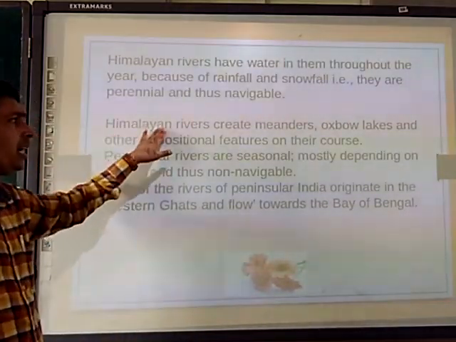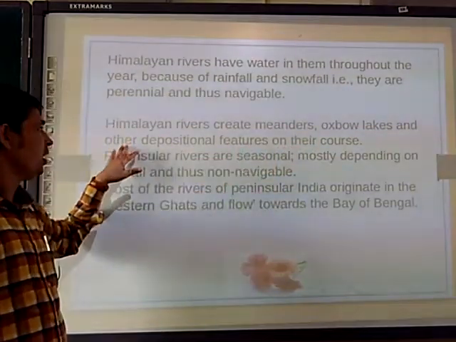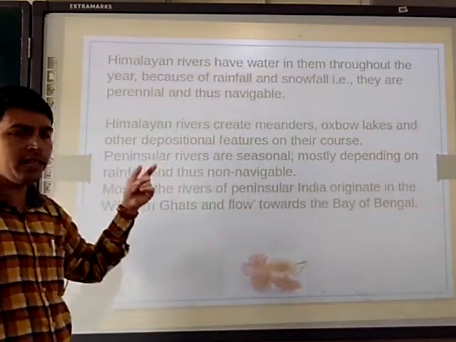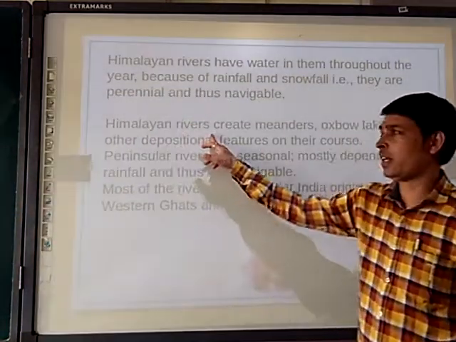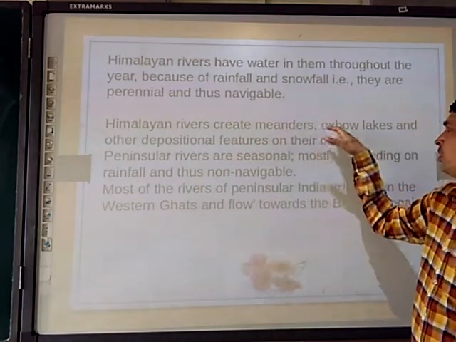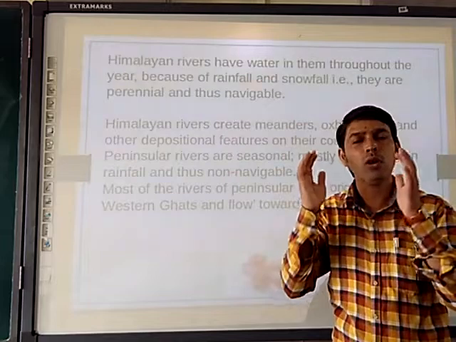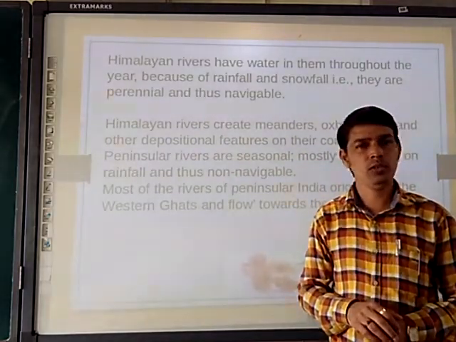Then the Himalayan rivers create meanders, oxbow lakes and other depositional features on their courses, which you have already studied in standard 7th.